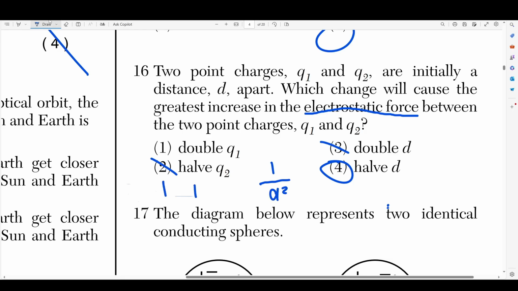So 1 over 1, so our force electrostatic is equal to 1. Now let's say that we reduce our d to 0.5 or 1/2. So now we have 1 over 0.5 squared, or 1 over 1/4, which is now going to be 4. So because we halved our distance, our electrostatic force increased by a magnitude of 4. And if we just doubled Q1, it would only increase by a magnitude of 2.